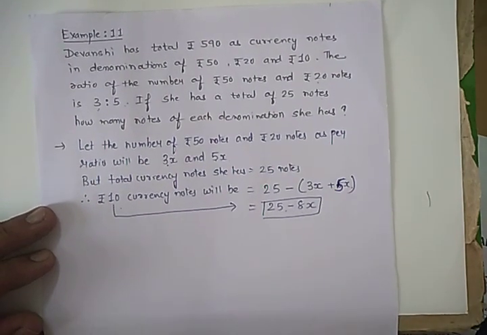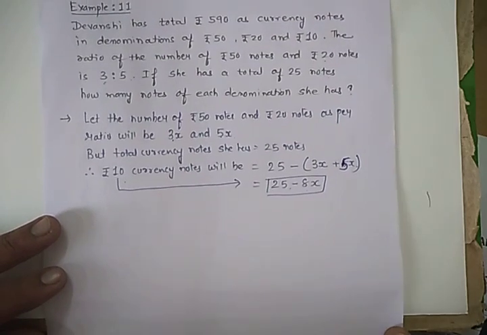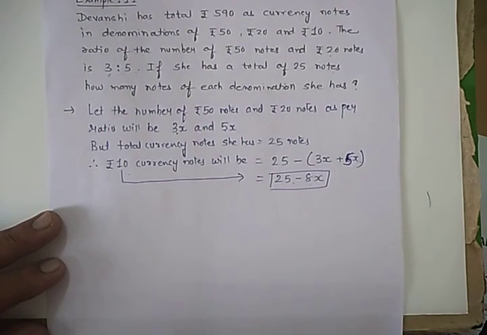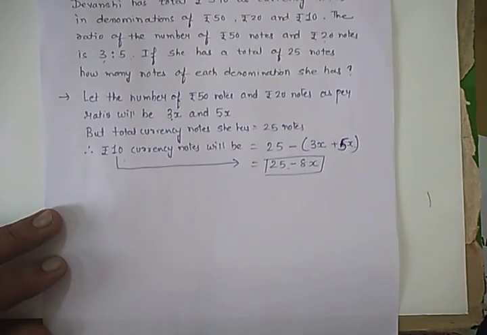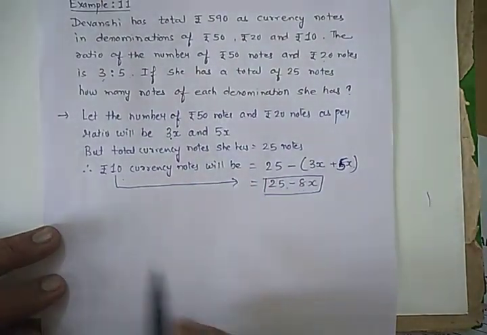If we multiply the number of notes by that particular denomination, then we will get the value, that is rupees 590.